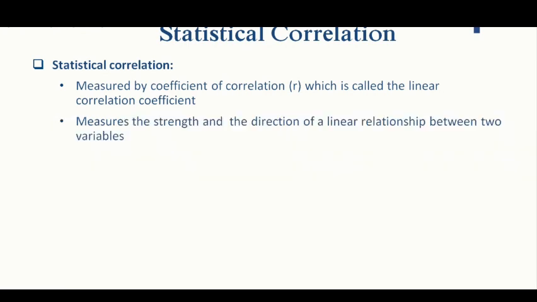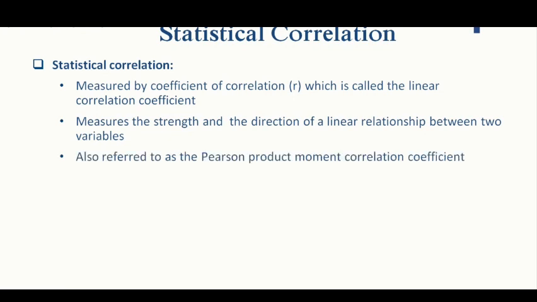So, we will now study the measures of statistical correlation, the correlation coefficient, which measures the strength as well as the direction of a linear relationship between the two variables under consideration. It was invented by Karl Pearson, and that is why it is known as Pearson's product moment correlation coefficient.